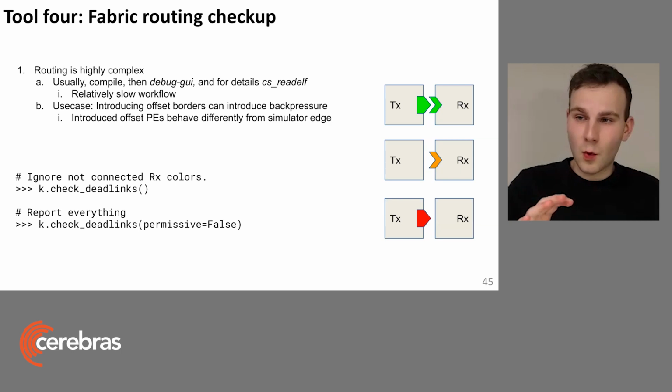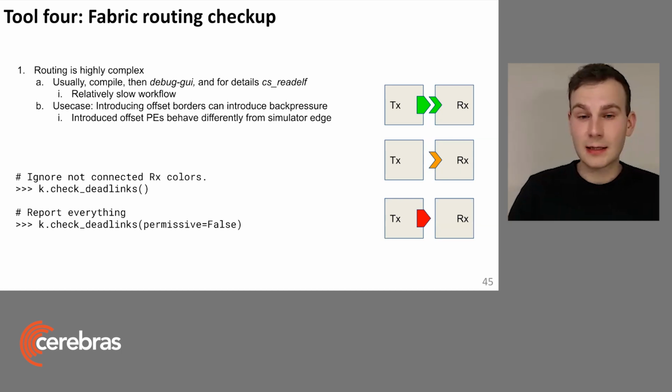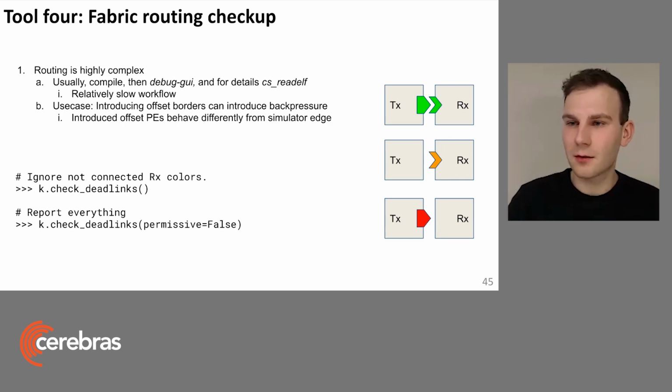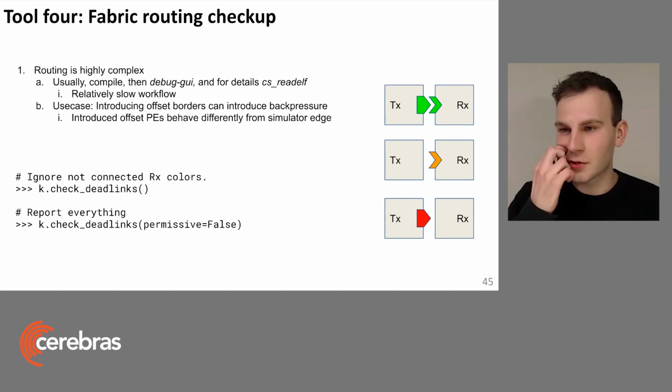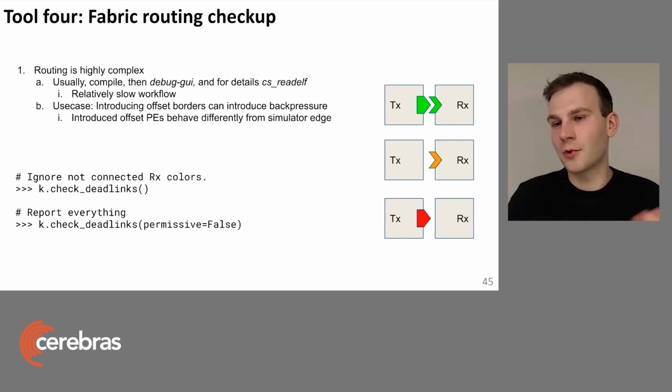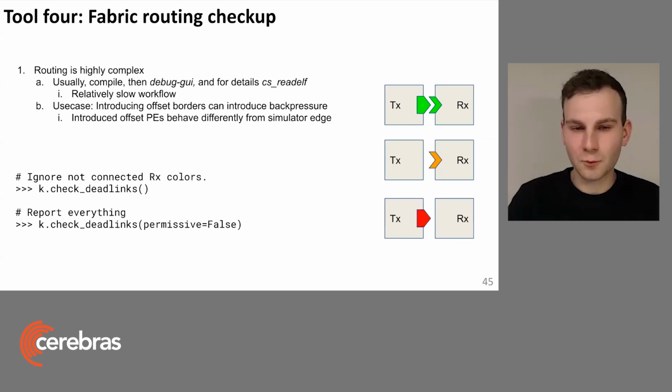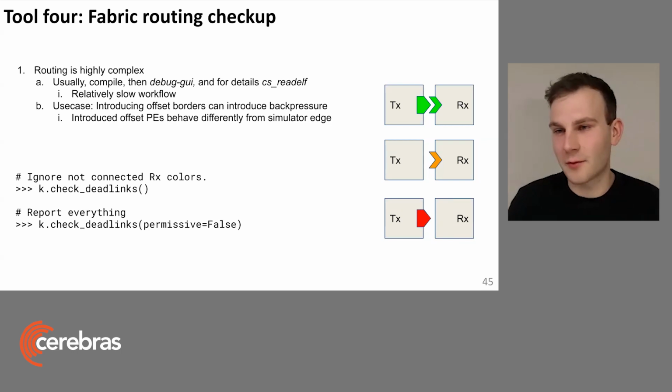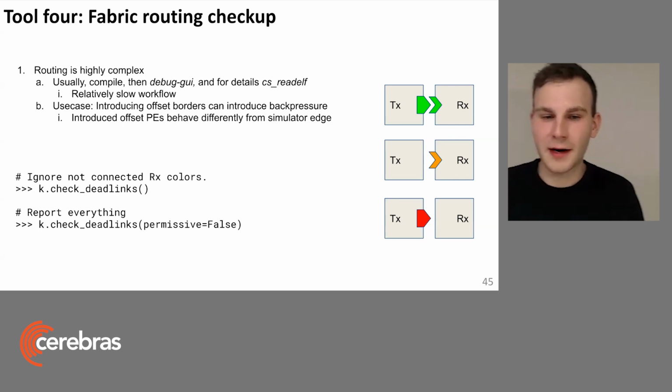What can happen now is that you set up a receiving side, but you have no transmitting side. We say here that's a warning, because maybe you just have a very simple setup and you don't really want to set up all of your routes to perfectly match each and every scenario. So you have one PE that, for example, can receive something from every direction, and not every direction is always connected, so that's totally fine.